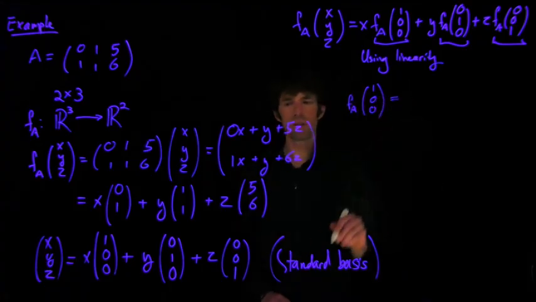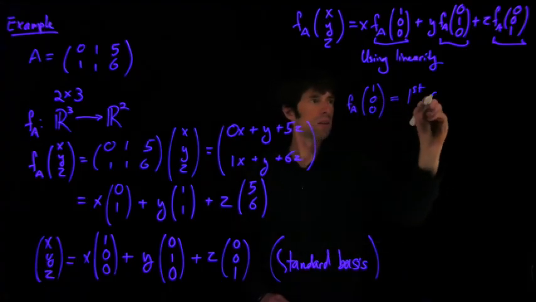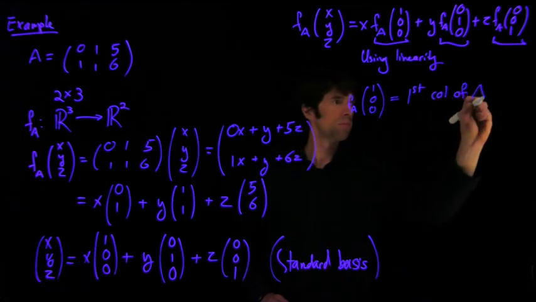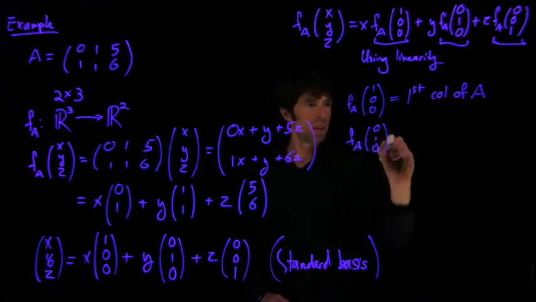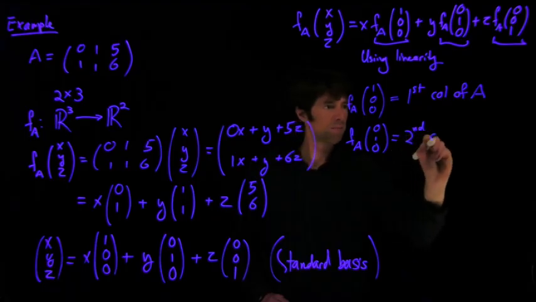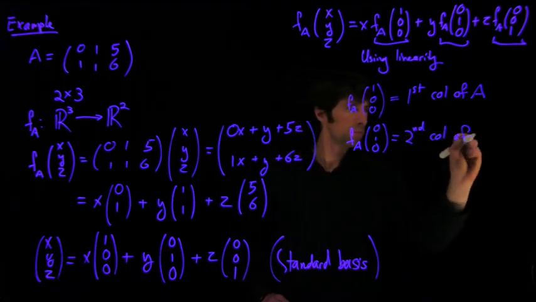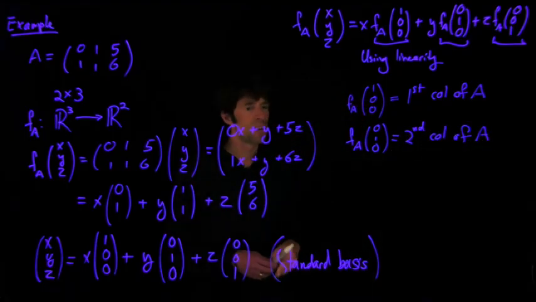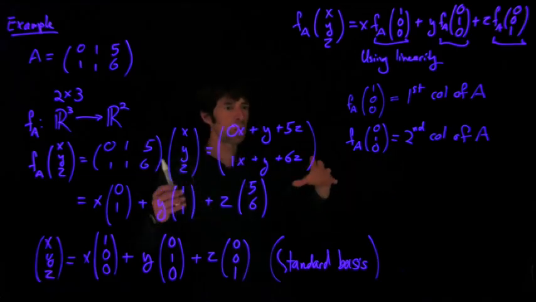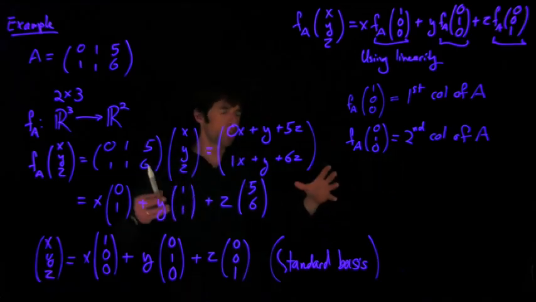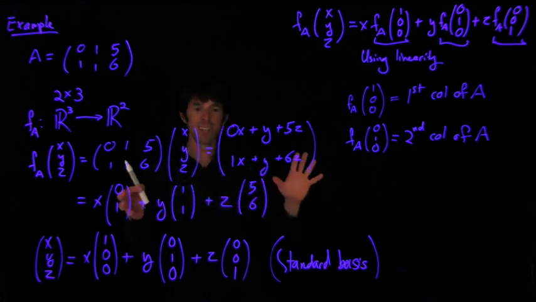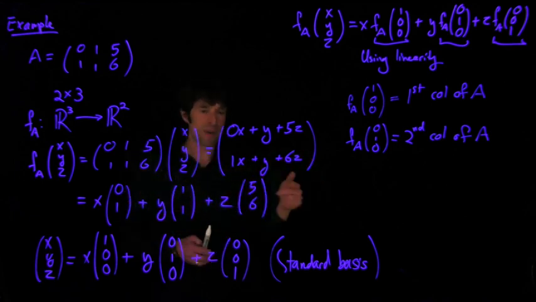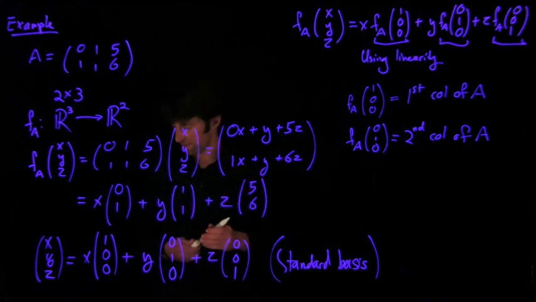So this is the first column of A. f sub A times (0, 1, 0) is the second column. And so on. So we haven't learned anything new. We've just seen the same calculation in 3 different ways, and it all fits together perfectly. Everything is equal. You get the same answer no matter which way around you look at this.